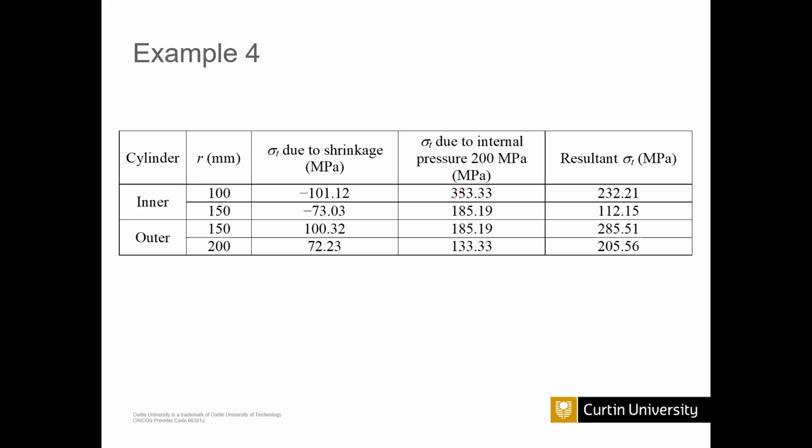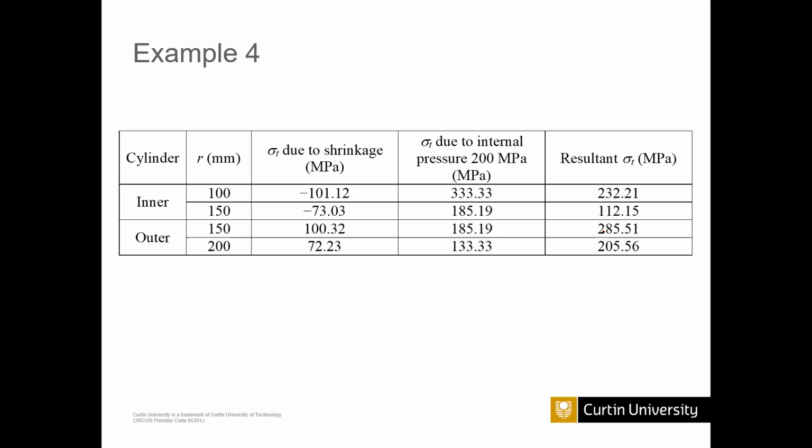But in this case, you can see due to 200 megapascal, the highest tangential stress is available at the inner surface of the inner cylinder. That means if you use one single cylinder for this particular case, the tangential stress available at the inner surface is much higher than the compound cylinder.